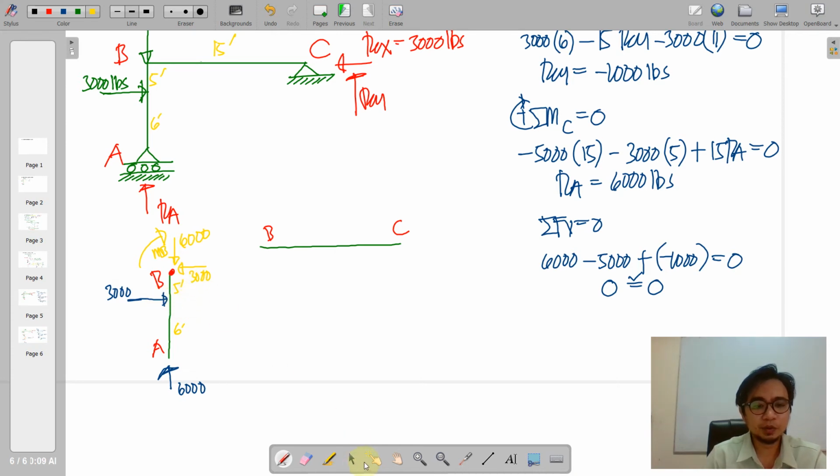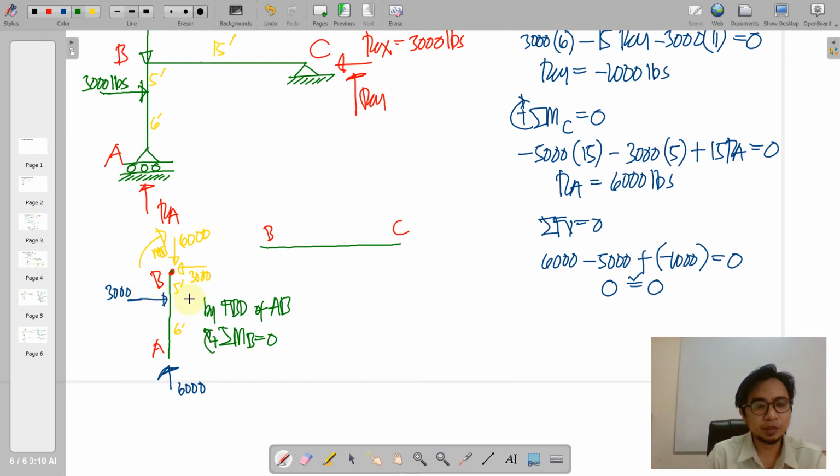Okay, so if we're going to compute your MB by FBD of AB, we have summation moments at B. So we're going to pin this 6,000, 3,000, and 6,000 here will have no rotation because there is no moment arm. So it will just coincide to this point.